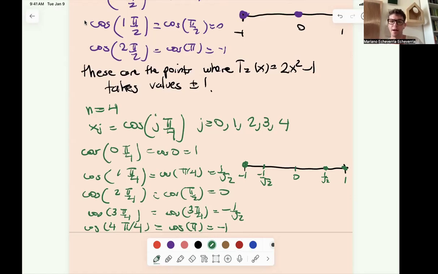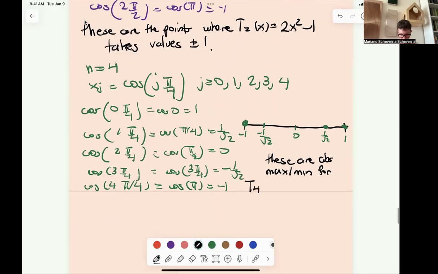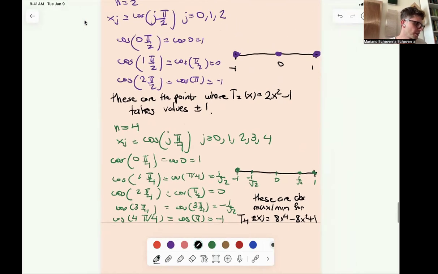Those 5 points are the absolute max and min for the degree 4 Chebyshev polynomial, which is 8x to the 4 minus 8x squared plus 1. Is that making sense? That's how the Chebyshev points look.